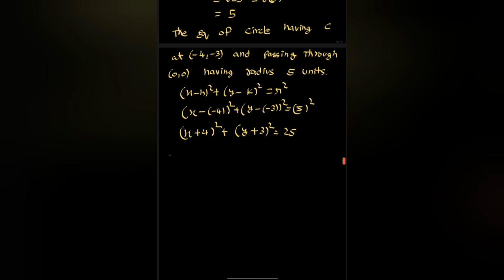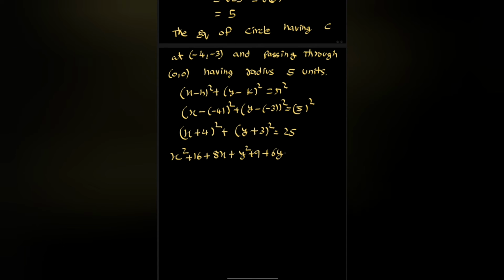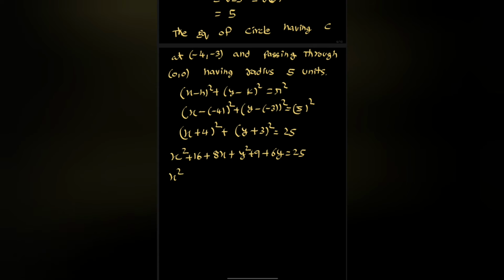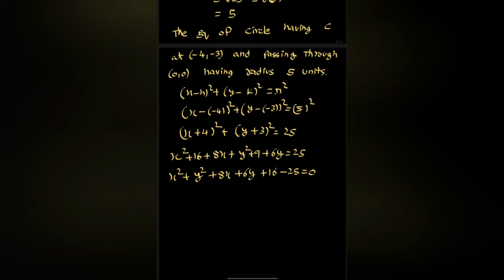So (a plus b) whole square: x square plus 16 plus 8x plus y square plus 9 plus 6y equal to 25. So x square plus y square plus 8x plus 6y, and plus 16 minus 25 is equal to 0.